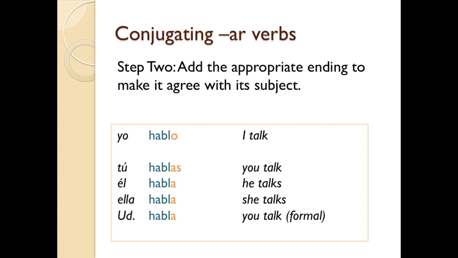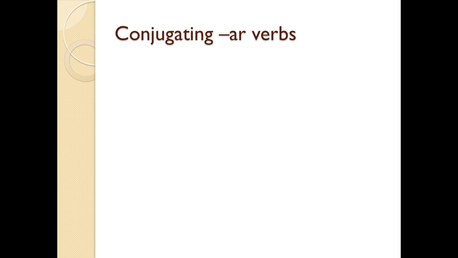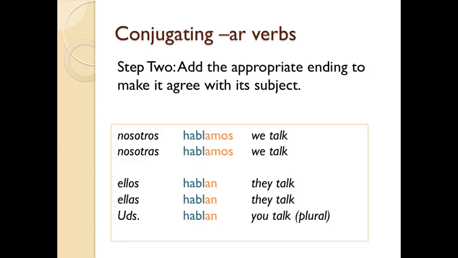So, again, your endings are o, as, a. I, you, he or she. Then we have the plural forms. For we, you take off your AR, and again you add amos. Hablamos, we talk. And they talk, which could either be ellos or ellas, hablan.